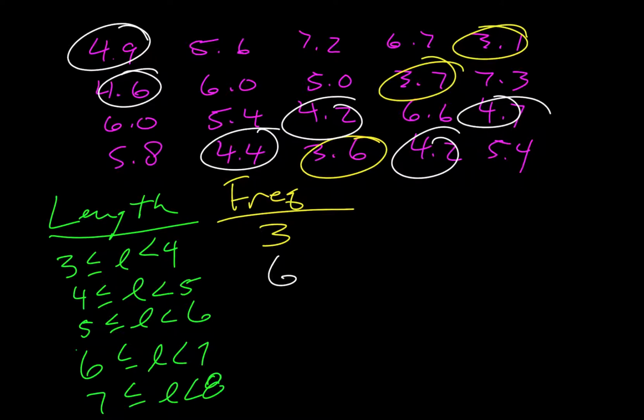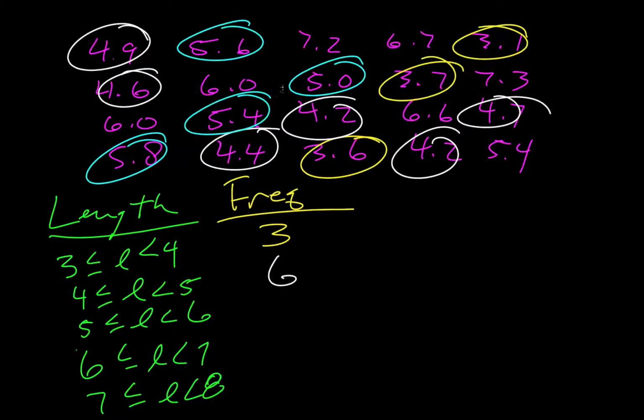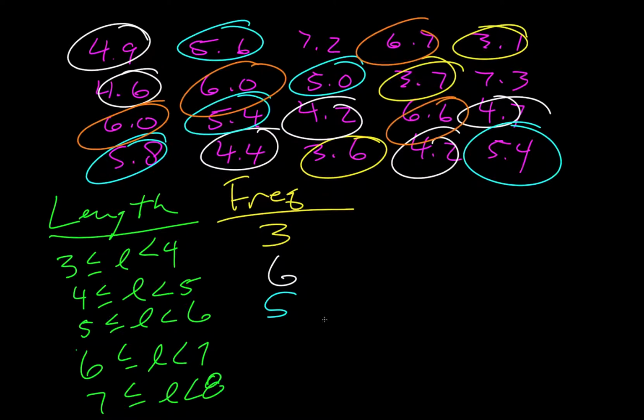Got them. Then blue is going to be for anything with a 5. 1, 2, 3, 4, 5. And orange will be for anything with a 6. 1, 2, 3, 4. And then the remaining, let's see, what color didn't I use? I'll use pink. Okay. And there's 2 with 7s.